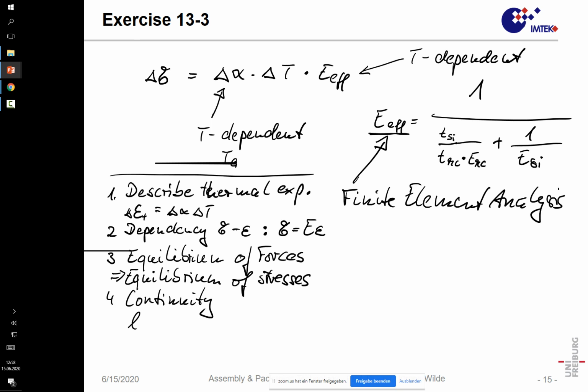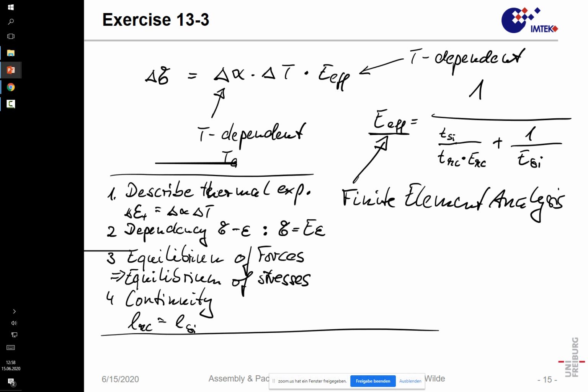So more or less, the length of the molding compound is the length of the silicon, or you can say both length changes, which are thermal strains, are equivalent to the elastic strains. And in that way, we get enough information.